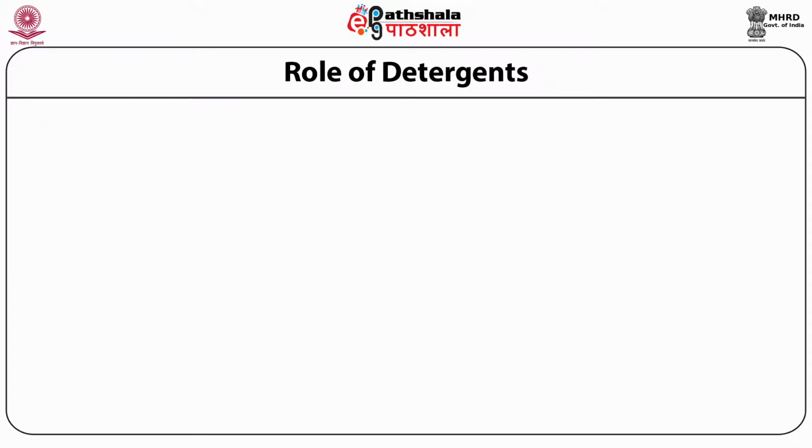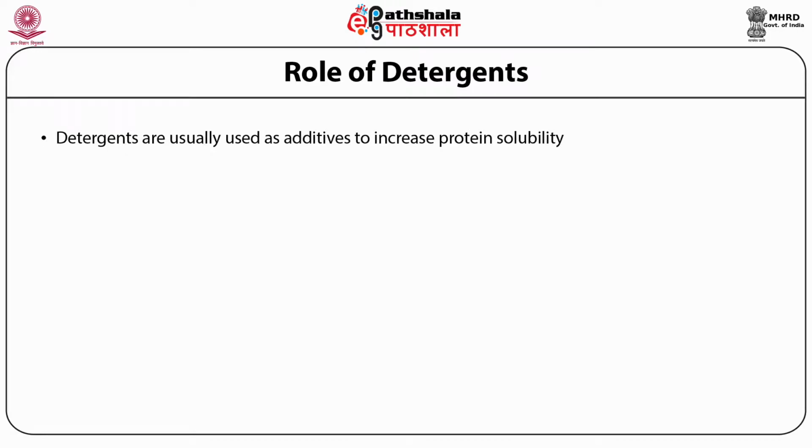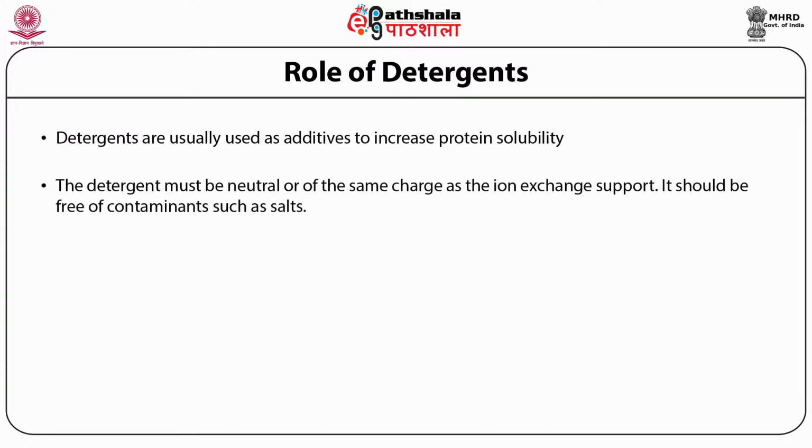Some detergents are also added as additives in the ion exchange chromatography technique. Detergents are usually added so as to increase protein solubility. The detergent must be neutral or of the same charge as the ion exchange support.